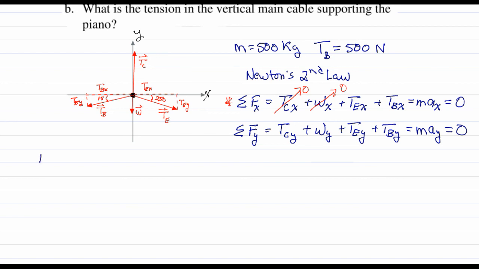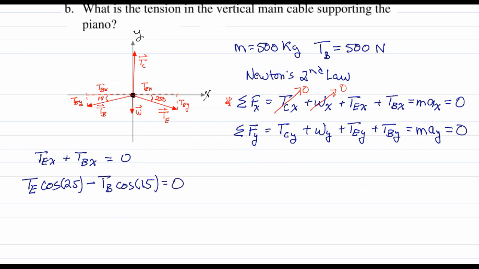So we have TEx plus TBx should equal 0. Now TEx and TBx are related to the forces put on by Bob and Ellen, and we can write TEx as the magnitude of Ellen's force times cosine of 25 degrees. And Bob's force, its x component is negative TB times cosine of 15. And that should equal 0.